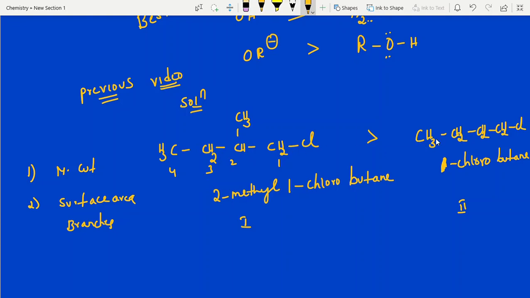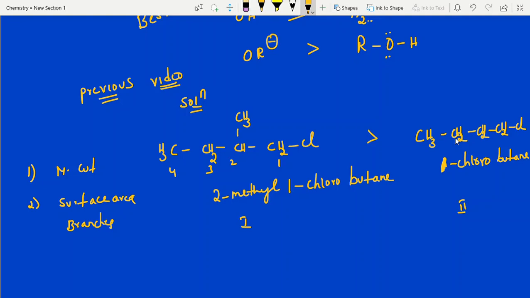Here there are 4 carbons. Why did I select this question? Many times students get confused. They select the long chain with more surface area as having the higher boiling point. Your guess is correct, but that is for isomers. If they give 1-chlorobutane, 2-chlorobutane, isobutyl, and tertiary butyl, which are isomeric halides, then the long chain one has the higher boiling point.